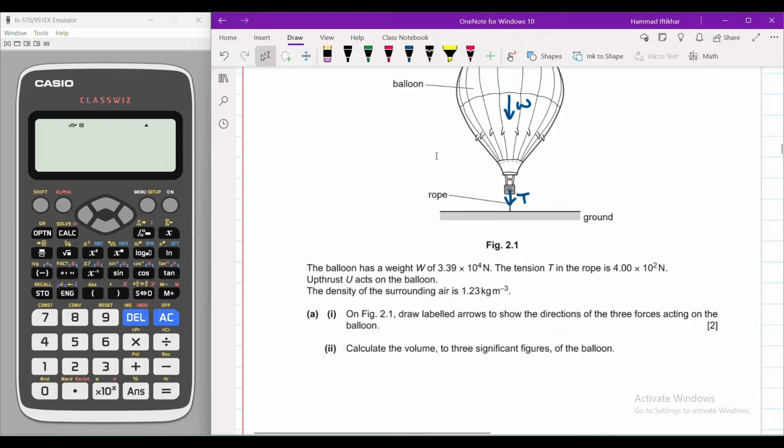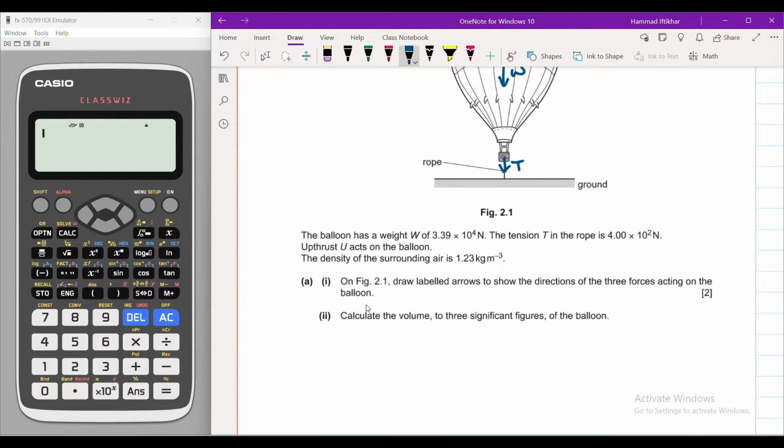Calculate the volume to three significant figures of the balloon. For the volume, we can use upthrust is equal to rho g V, where rho is the density of the medium, this is upthrust, and this is the volume of the object. But over here, we don't know what the upthrust is.